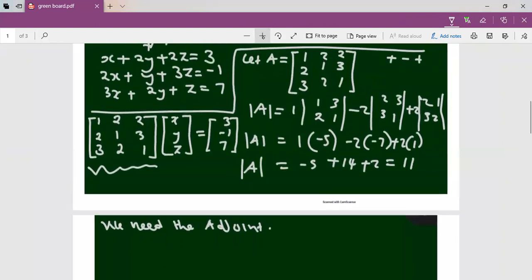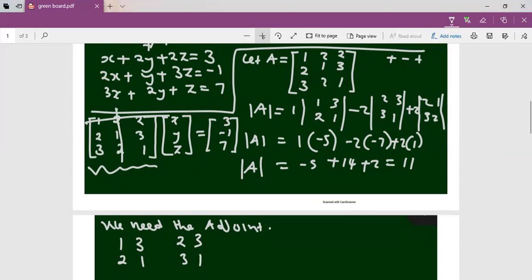determinants inside that matrix. So for this one, if we eliminate this and that, you remain with 1, 3, 2, 1. Right? Then you move to the next number, which is this. If I eliminate this and this, you remain with 2, 3, 3, 1.